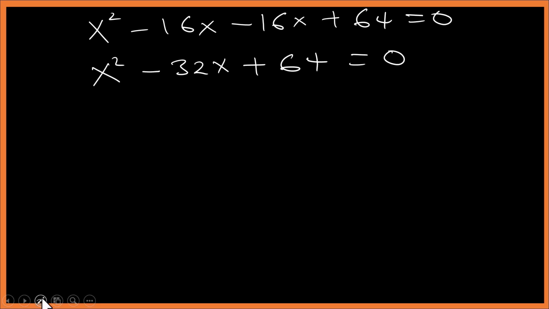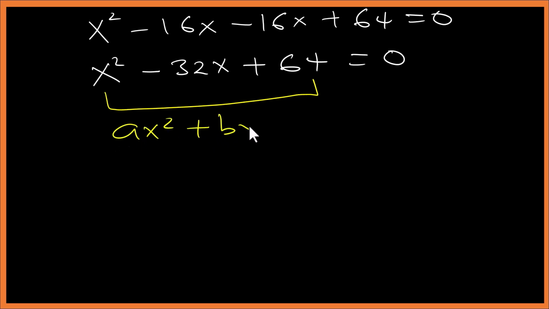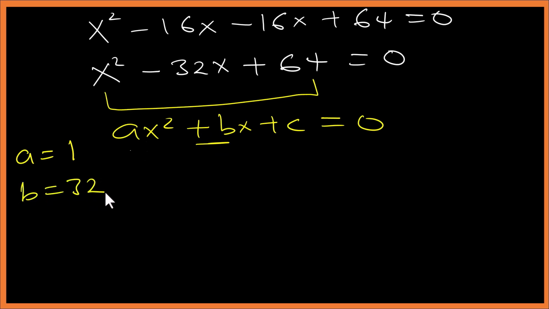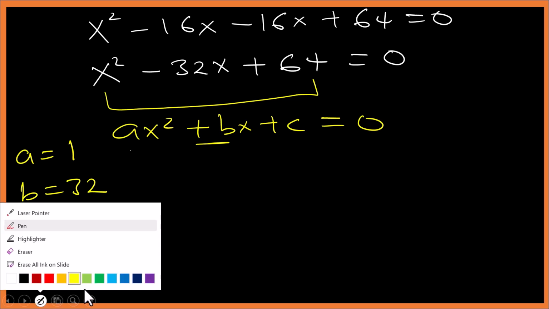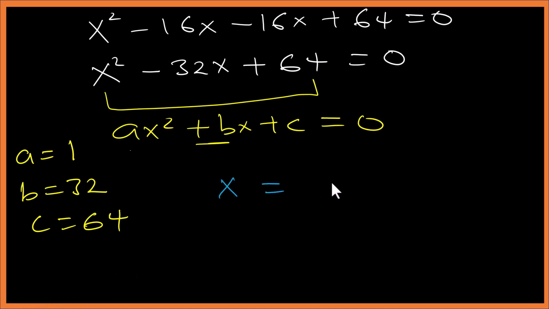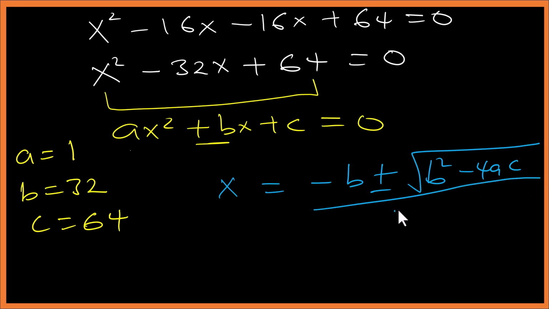Let's compare this one with the general quadratic form, ax squared plus bx plus c equal to 0. If we compare, a equals 1, b equals 32, and c equals 64. Then we have x equals minus b plus or minus square root of b squared minus 4ac all over 2a.